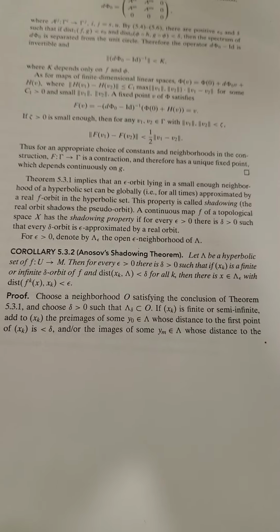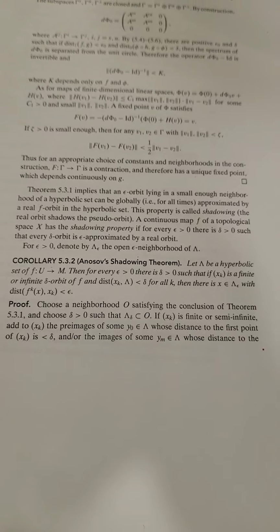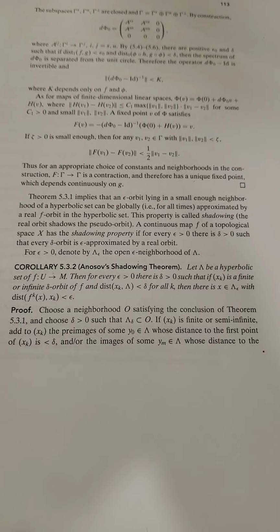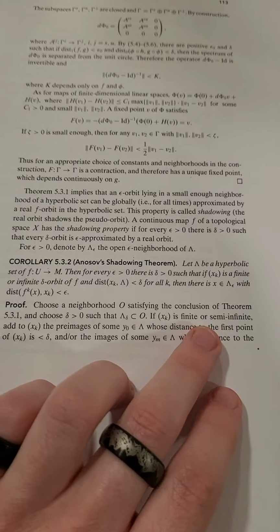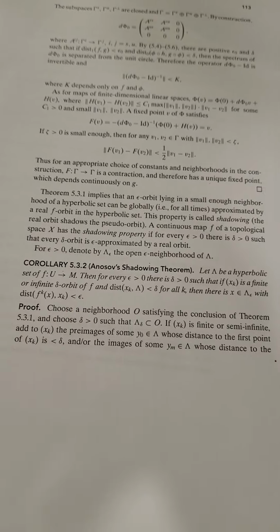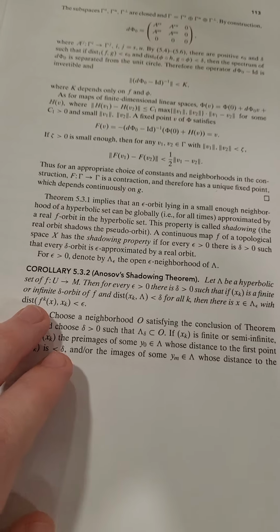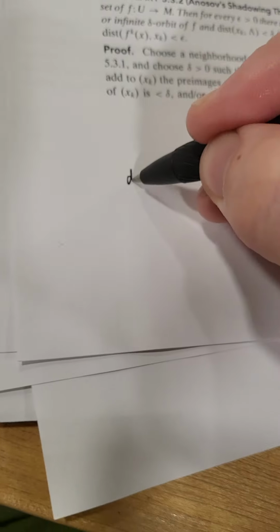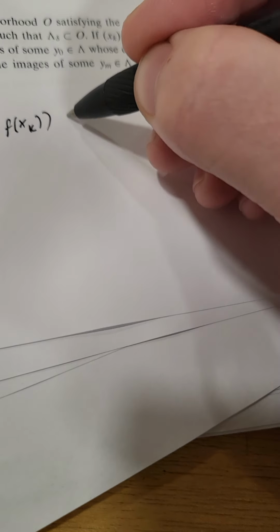So given a hyperbolic set, for every epsilon greater than 0, there's a delta greater than 0, such that if x_k is a finite or infinite delta orbit of f, so delta orbit meaning that the distance between x_{k+1} and f of x_k is less than delta for all k, all right?